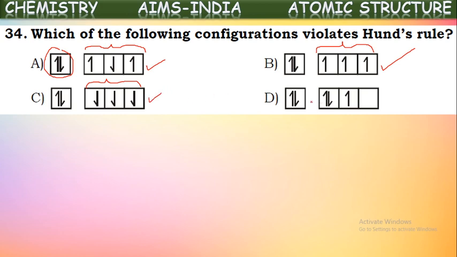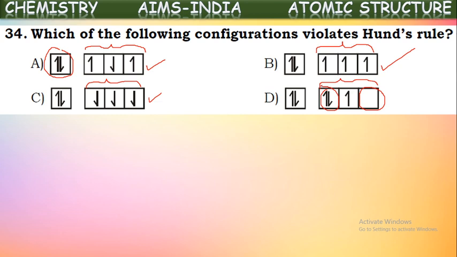And if you observe the fourth one, here there are 3 degenerate orbitals. Instead of filling these 3 degenerate orbitals with a single electron first, pairing takes place here, keeping one vacant. So this is incorrect according to Hund's rule.